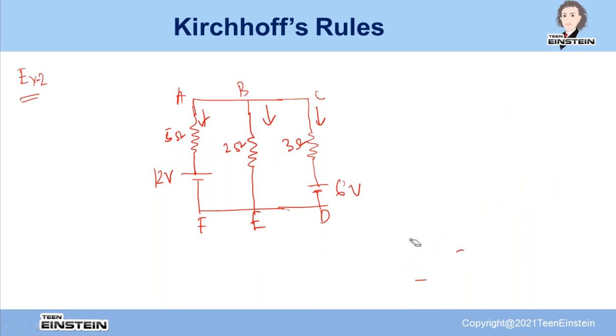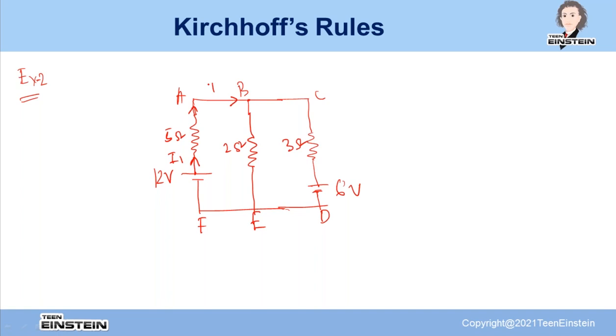As I told you, when I have batteries and the current directions are not given, you take the current direction yourself from the positive side. Suppose from the 12-volt battery I1 is flowing, all the way up to point B. I'll also take the direction of current from the 6-volt battery in the upward direction.